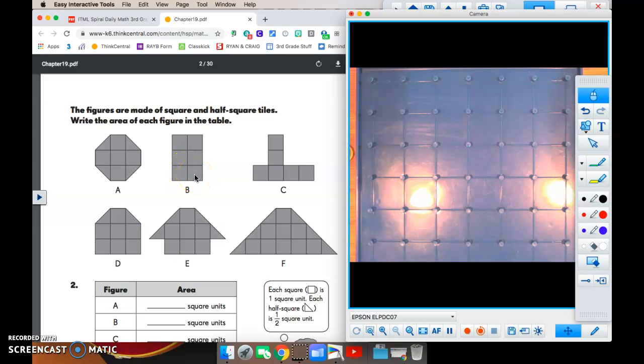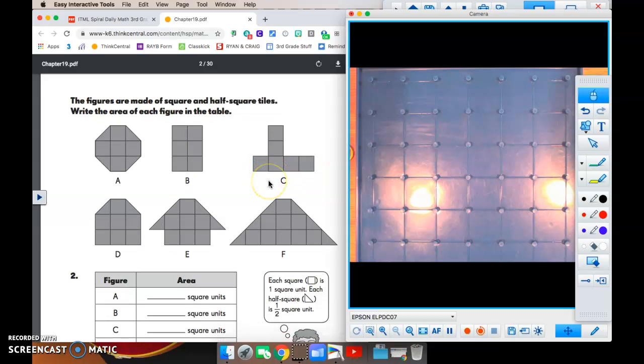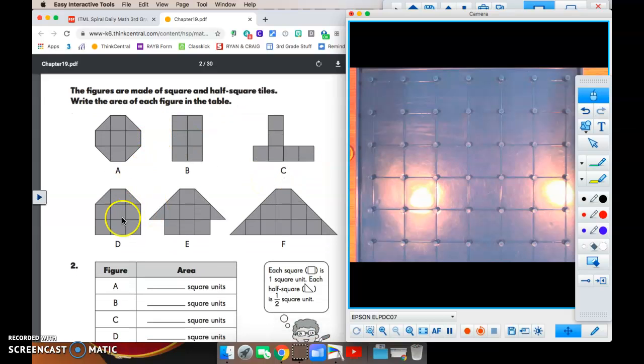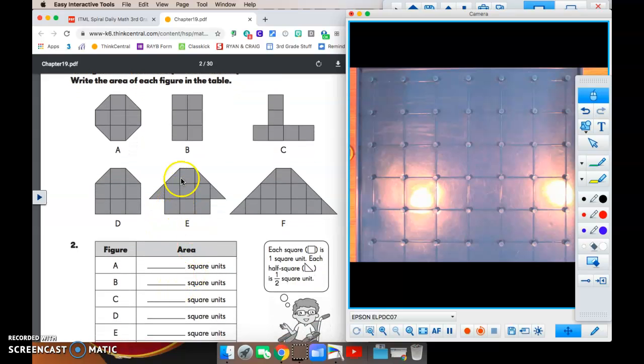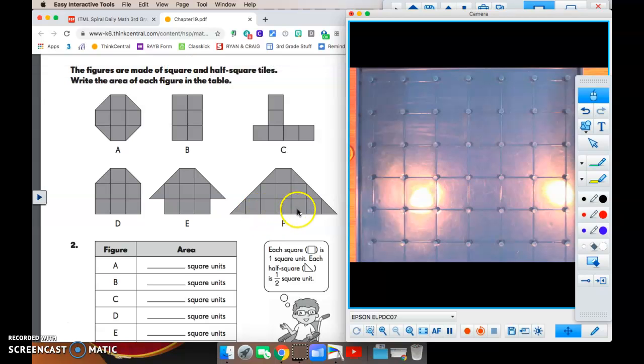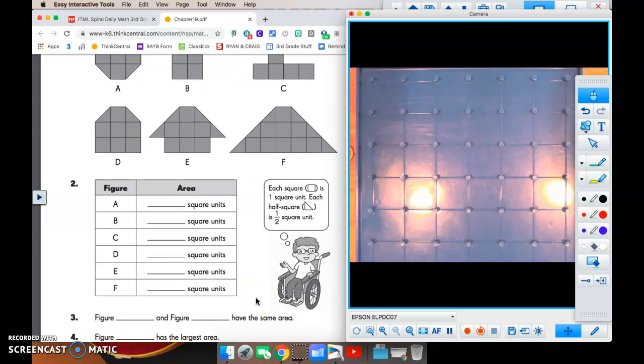So we have 6 for B. 1, 2, 3, 4, 5, 6 for C. D, we have 1, 2, 3, 4, 5, 6, 7, 7.5, 8. E, we have 1, 2, 3, 4, 5, 6, 7, 7.5, 8, 8.5, 9. And F, 1, 2, 3, 4, 5, 6, 7, 8, 9, 9.5, 10, 10.5, 11, 11.5, 12.